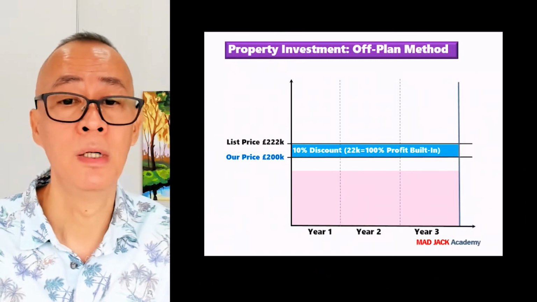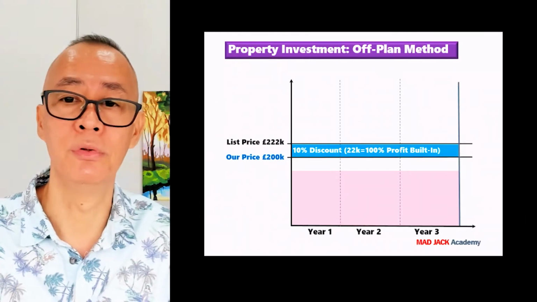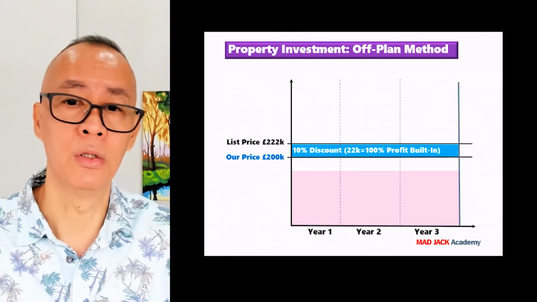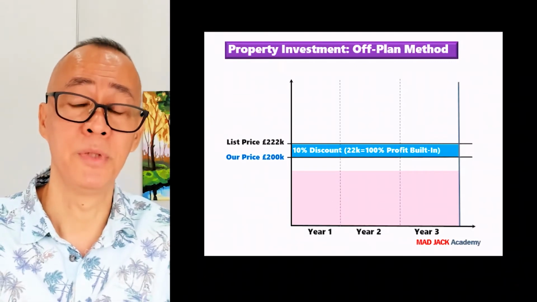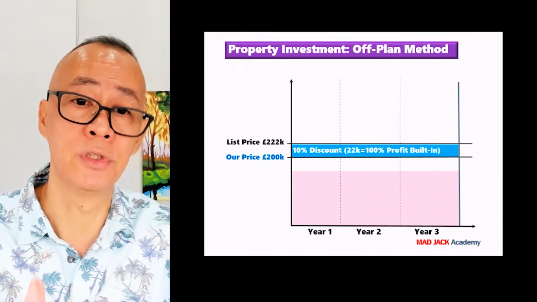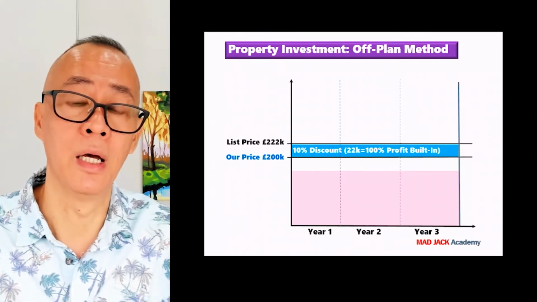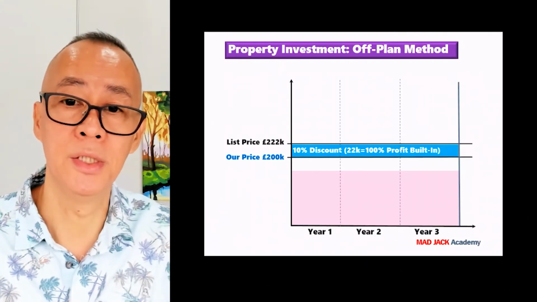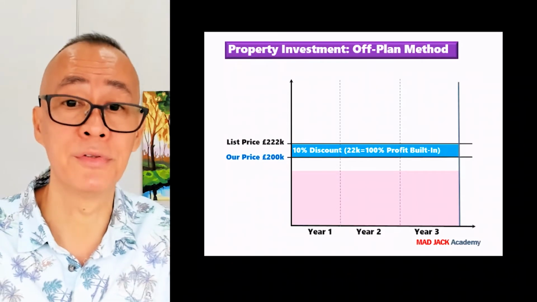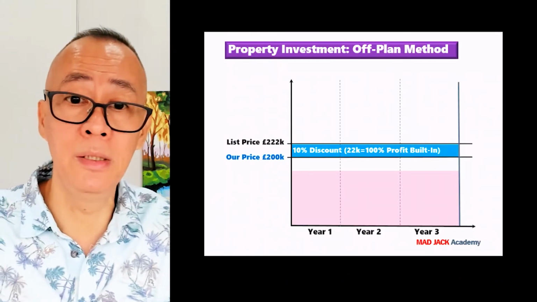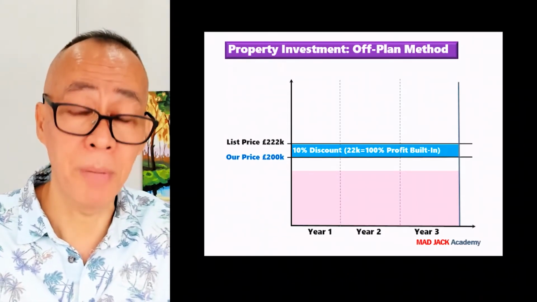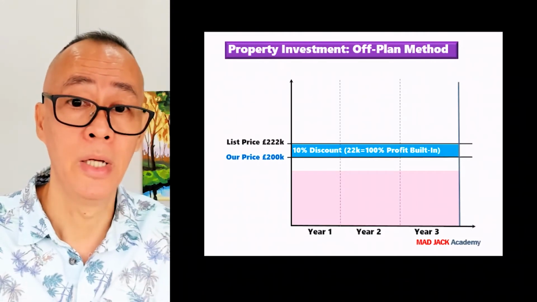A 10% discount doesn't sound like a lot if you're buying vegetables or potatoes, because the actual value is not a lot. But if you buy a property at 200,000, 10% is 20,000, or 22,000 pounds saving. What happens if you're buying a property at £500,000 or 1 million pounds at 10%?